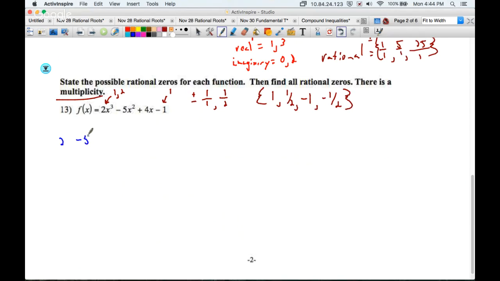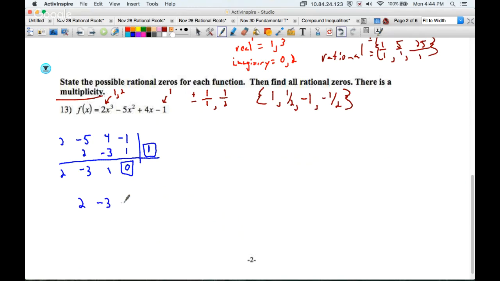Let's start with the top row here of synthetic division. Careful, if they ever skip a term, you need to put in a 0. Let's check it with 1. 2, 2, -3, -3, 1, 1, 0. So 1 is a root, but if it is a double root, it will work again if I use this bottom row.